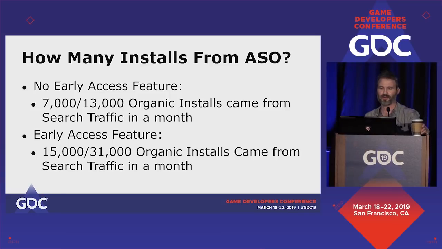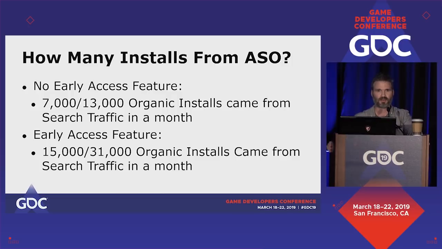On a title that had no early access feature, 7,000 out of my 13,000 installs that came into the game organically in a month came from search traffic. On a title that did have an early access feature, 15,000 out of 31,000 organic installs came into the game in a month. What's important to note here is the volumes are nothing to write home about yet, but the quality is.